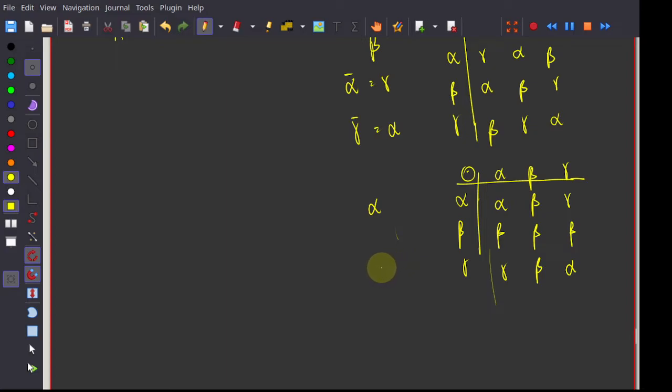Now what about the multiplicative inverse? Beta is the additive identity, right? So beta is never going to have a multiplicative inverse. So you need to check for the multiplicative inverses of alpha and gamma.